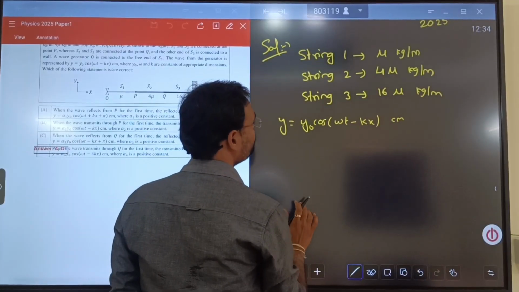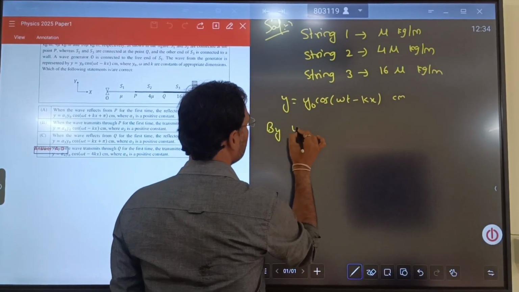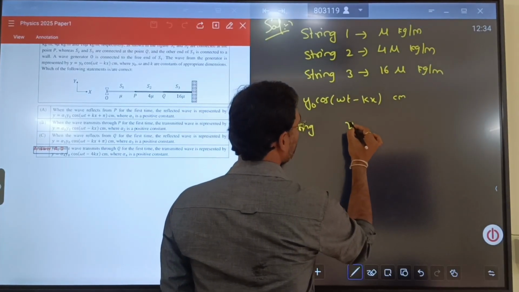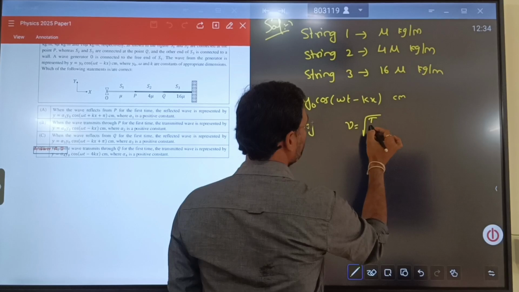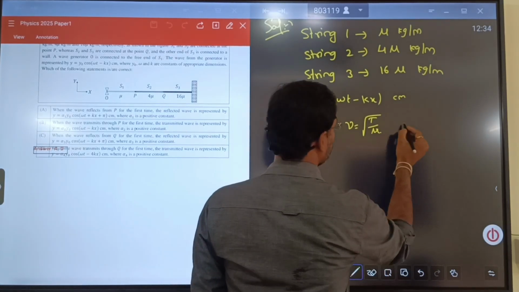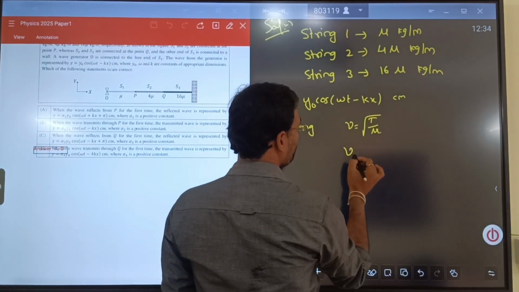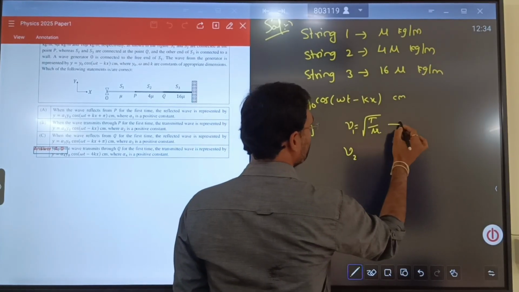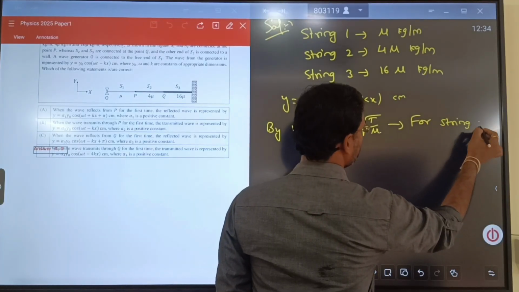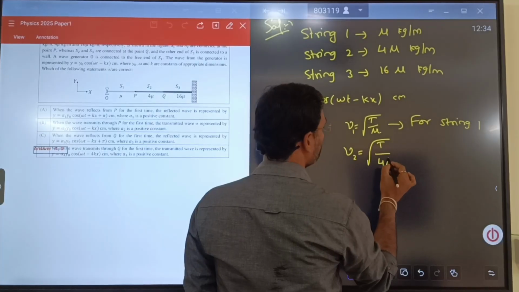Now, see here, using v equals under root of T by mu for string 1, V2 equals under root of T by 4 mu.